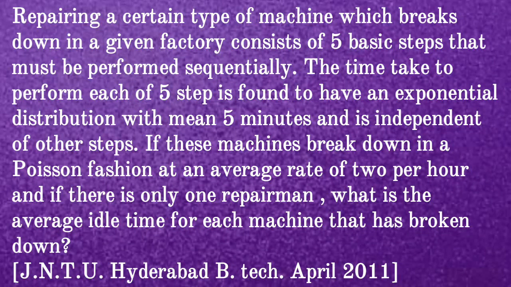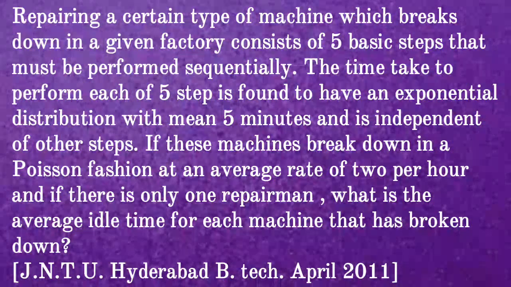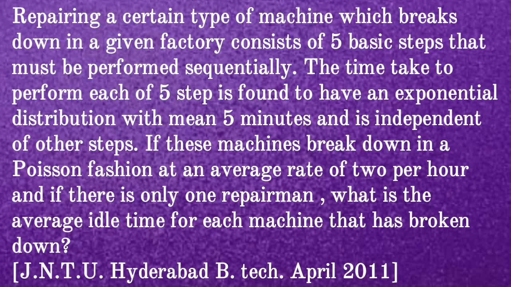Second question. Repairing a certain type of machine which breaks down in a given factory consists of 5 basic steps that must be performed sequentially. The time taken to perform each of the 5 steps is found to have an exponential distribution with mean 5 minutes and is independent of other steps.